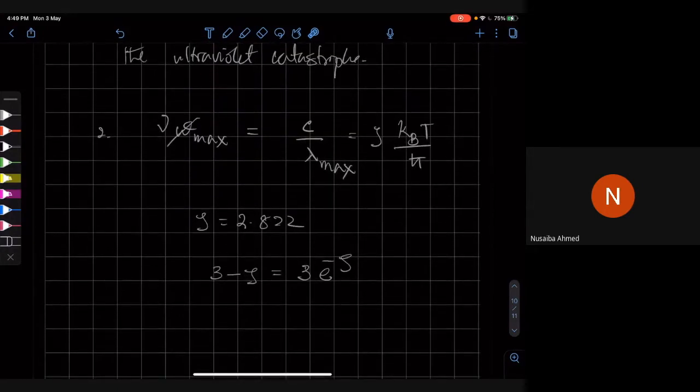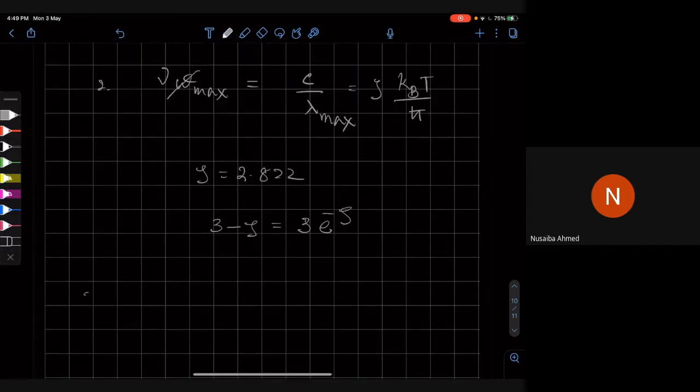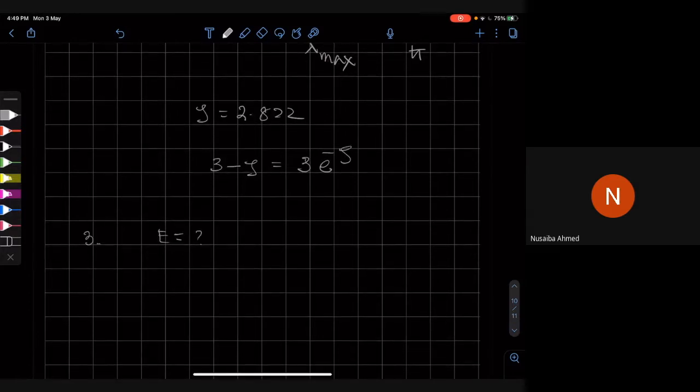And number two, that was number two. And then number three is, we need to find the total energy. What is E? To find what E is, it's convenient to introduce a variable called x, which is beta h bar omega.